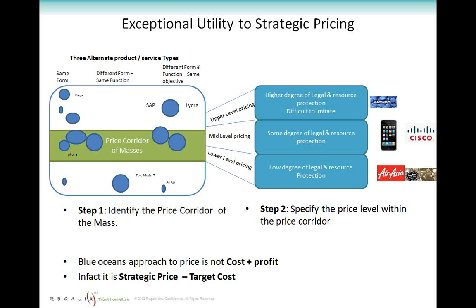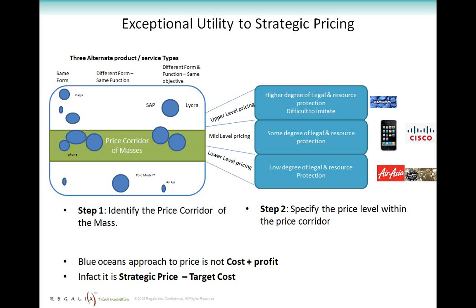The price corridor is identified by looking at the volume of the products and services that have the same form as your product and service, the volumes of products and services that have a different form but probably have the same function, and the volumes of products that have different form and function but provide a similar objective.